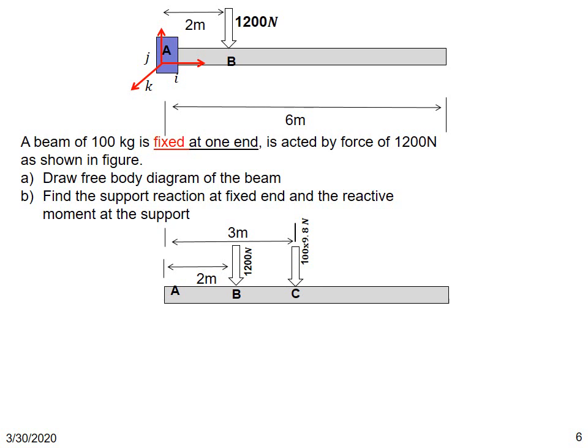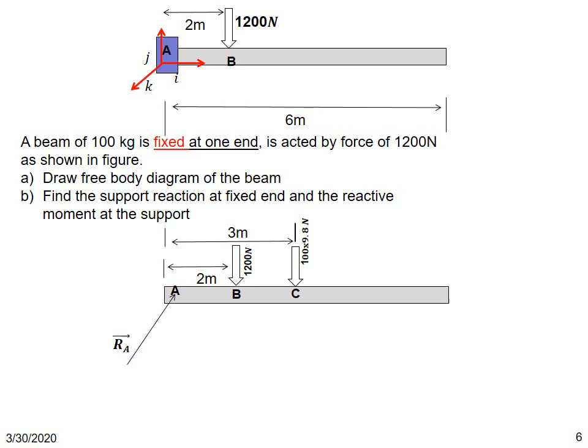In order to solve this problem, the first step is to draw the free body diagram. Now, how do you do the free body diagram? Essentially, you draw the beam and show all the forces acting on it. So already there are two forces, 100 Newton, and the weight of the beam, which is 100 times 9.8, shown in the figure.